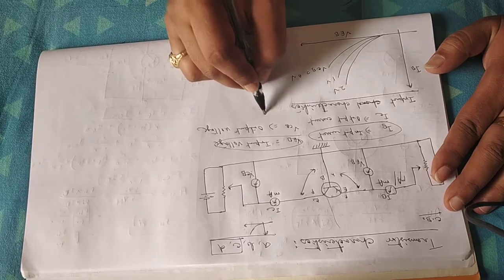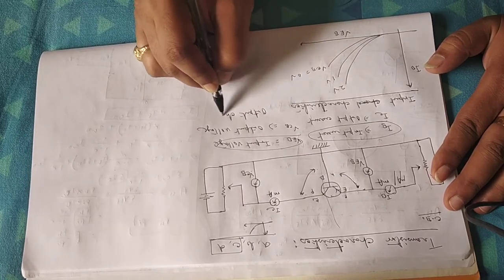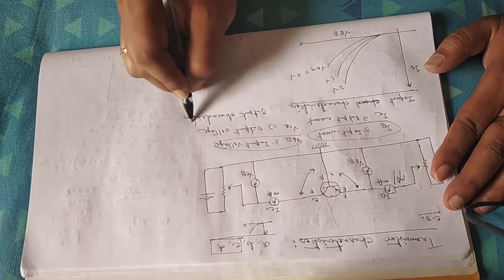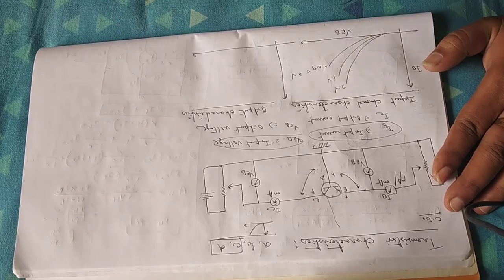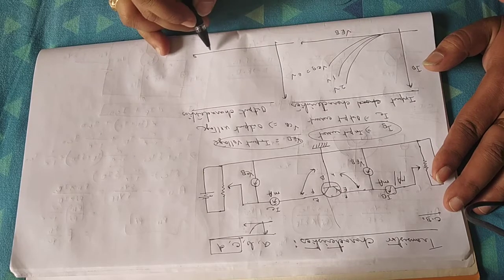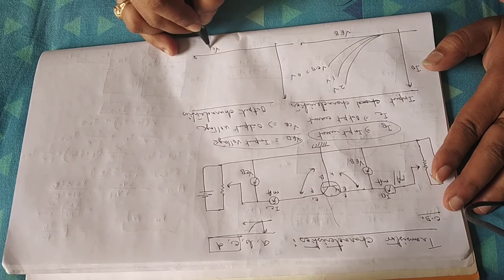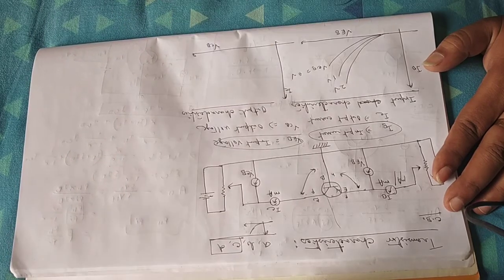Similarly, if I see the output characteristics, the output characteristics curve is the curve between the two output parameters: output voltage, that is VCB, and here you have to plot the output current, that is IC.